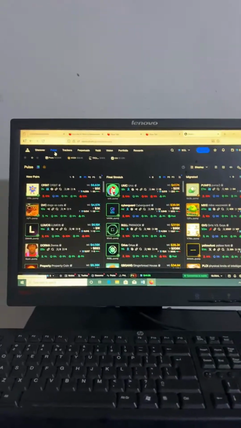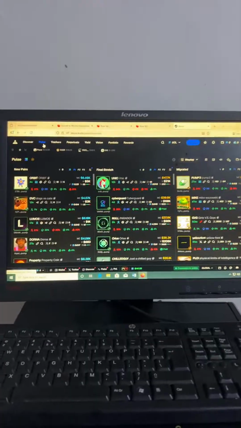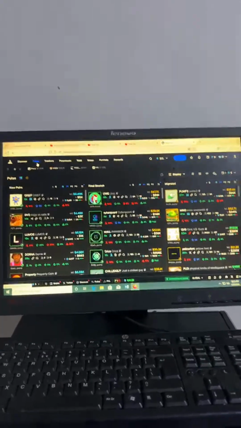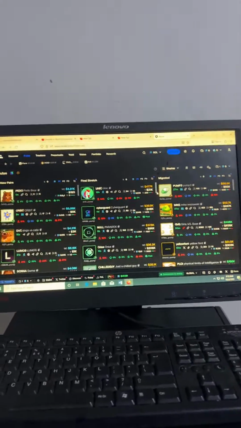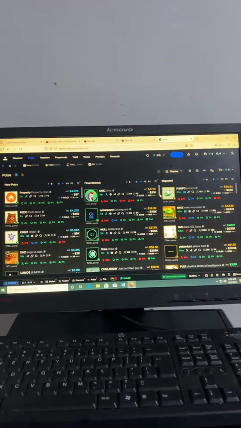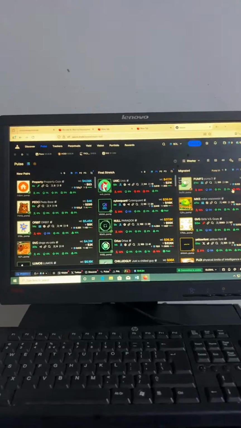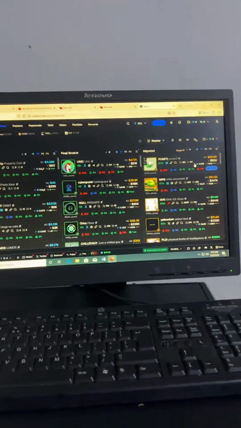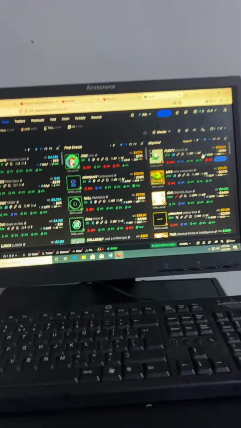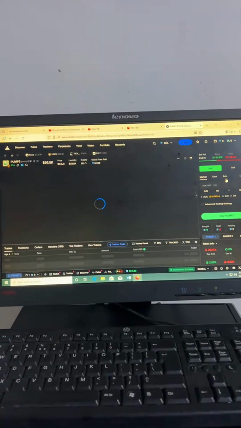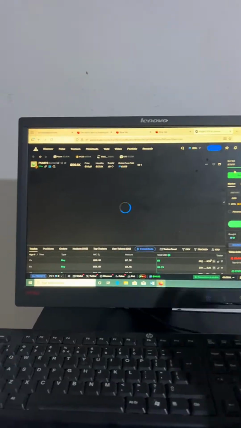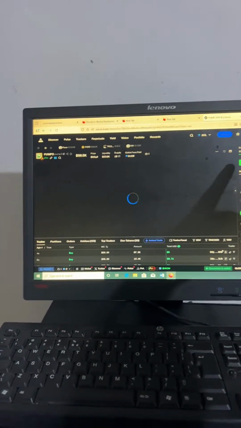If you enter a trade and you want to buy a coin, know that you have to check the market cap and the volume. What is volume? How people come and go, come buy, go buy. Because when you enter a dead coin... look at the volume of this thing. 3K, 3K.